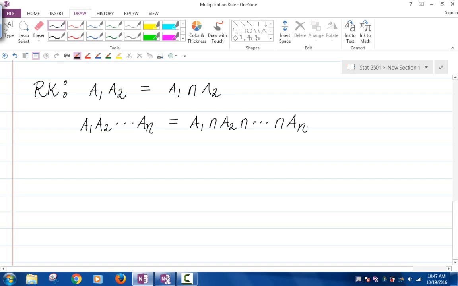Is that making sense? This notation is just a notation so that I don't have to write those intersection signs all the time. Whenever I have to write that too many times, I will just avoid that.